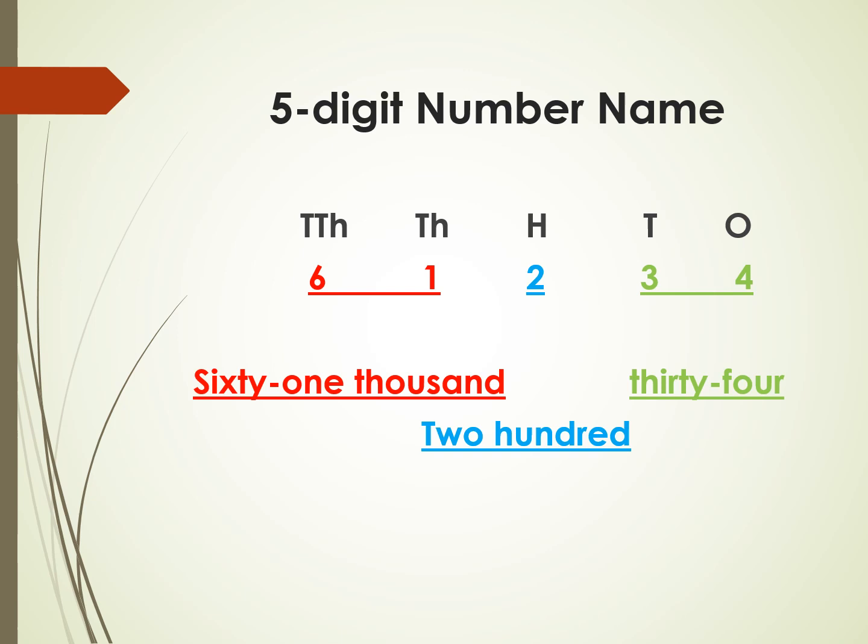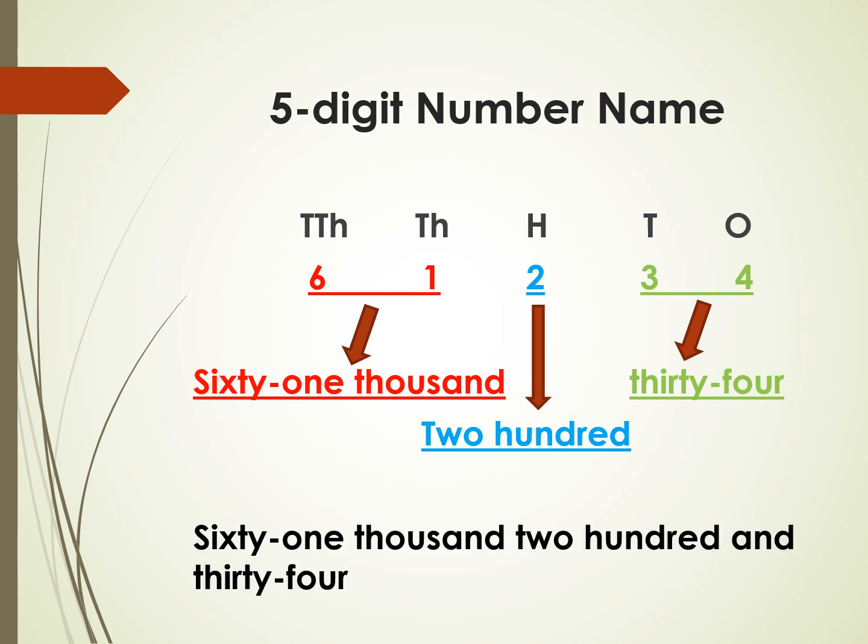The hundreds column will be named as 200 and the tens and ones digits will be called 34. The name of this number will be 61,234.